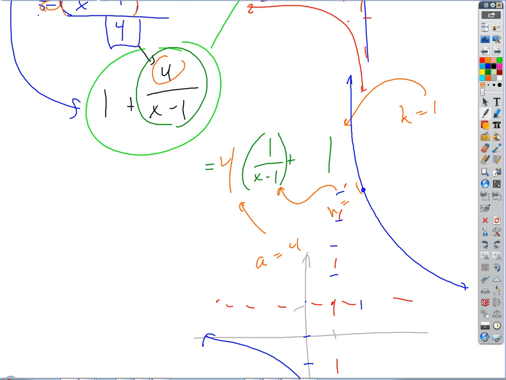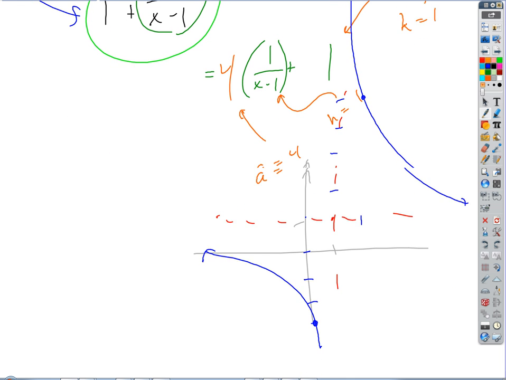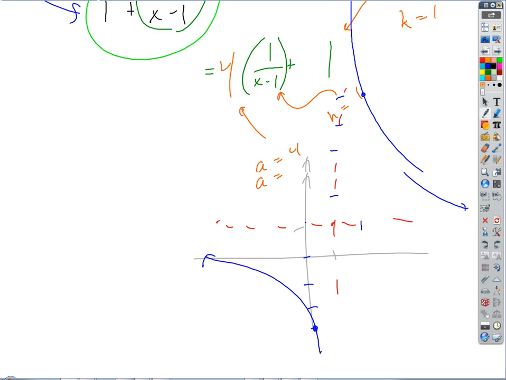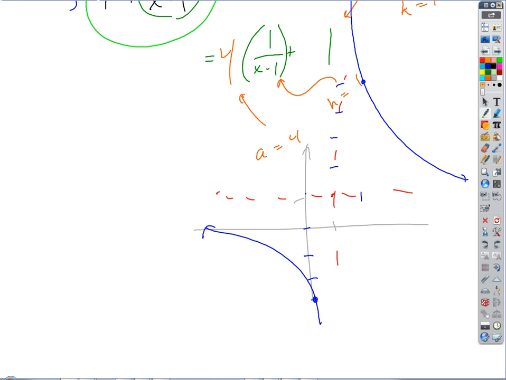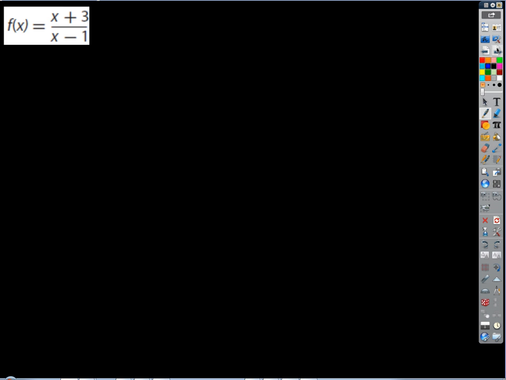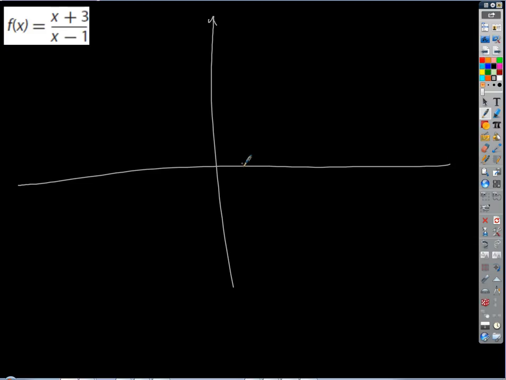All right? So let's think about this picture that we got. Our picture looks like this, right? It's got asymptotes at, let me draw this a little better. We can see this a little better. So our picture looks like this. So we had a vertical asymptote at 1, didn't we?